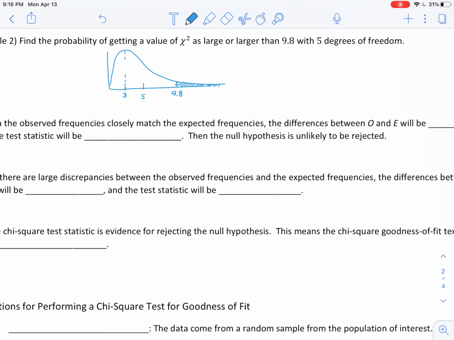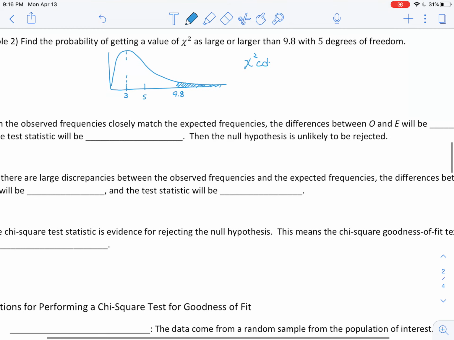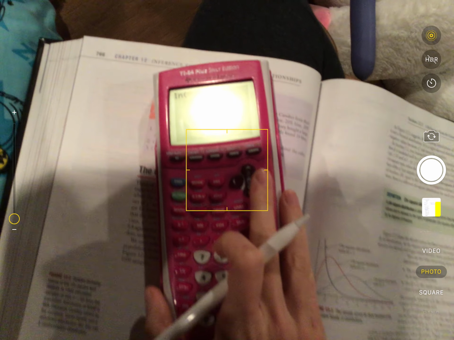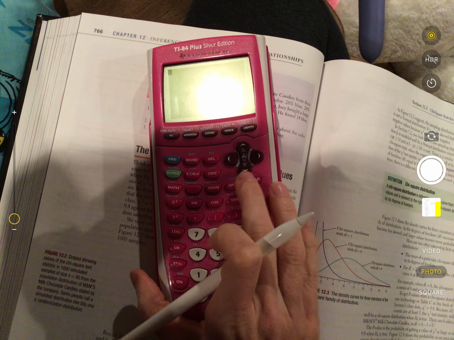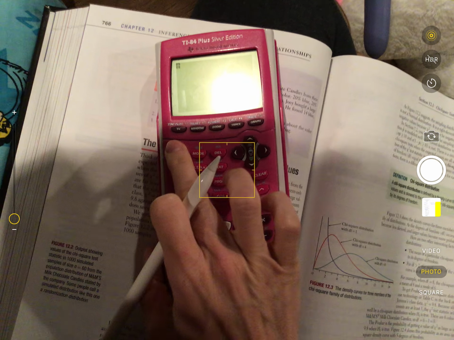Well, every time we've tried to find the area below a curve, we've used some type of cumulative function for it, a CDF function. So this is not a normal distribution, it's not a t-distribution, it's a chi-squared distribution. Therefore, we will be needing the chi-squared CDF function in your calculator. This should be the same location that your other CDF functions are.